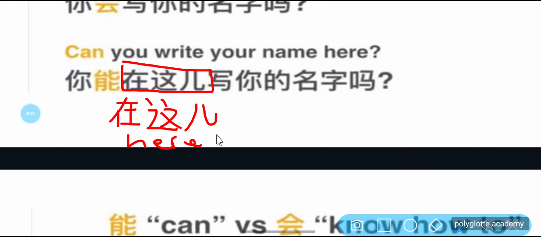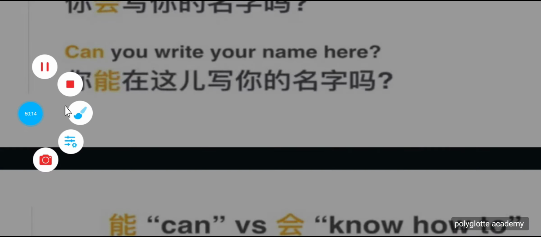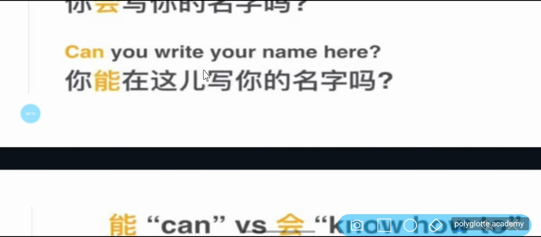So we have here the next character, which will be 写, which is to write. The character 写 means to write. So we have 写.